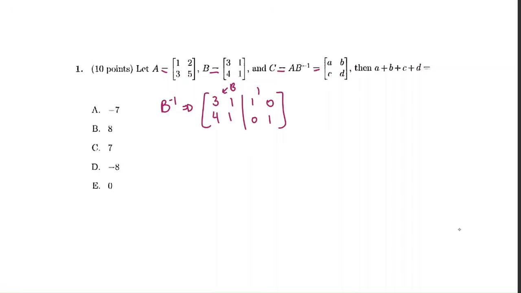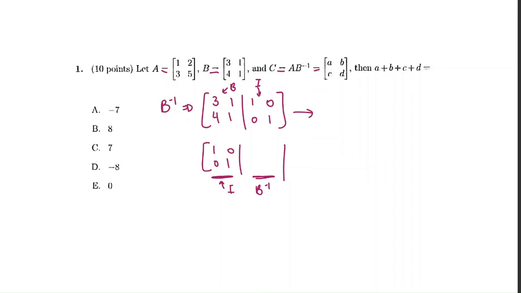So this is B, this is the identity matrix. And then you can row reduce, and what you end up wanting is the identity matrix on this side, and this side is going to be the inverse of whatever matrix you want to find the inverse of.